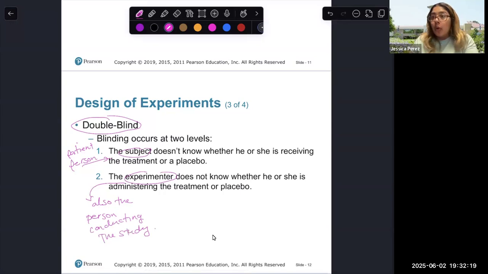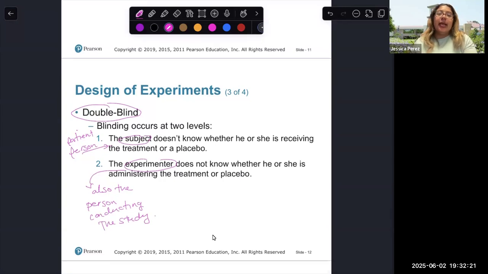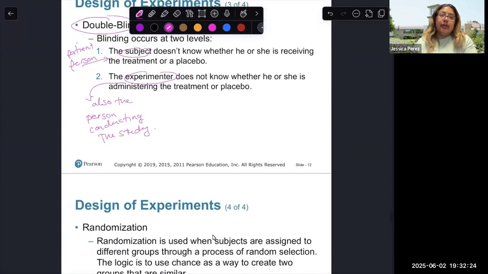So that creates a more effective technique, which is called the double blind.